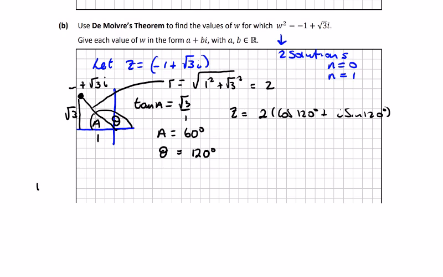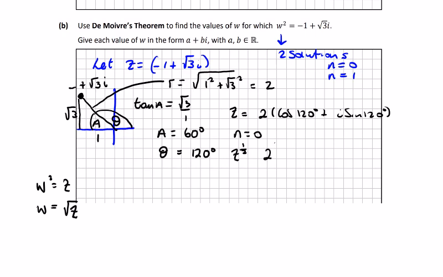So w squared is equal to z, so w is equal to the square root of z, so two solutions here for w. When n is equal to 0, we're going to get z to the power of a half.